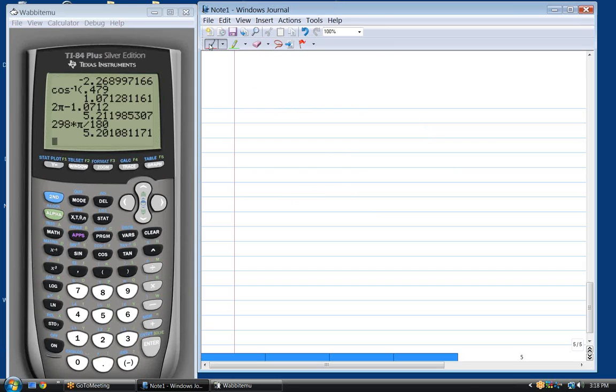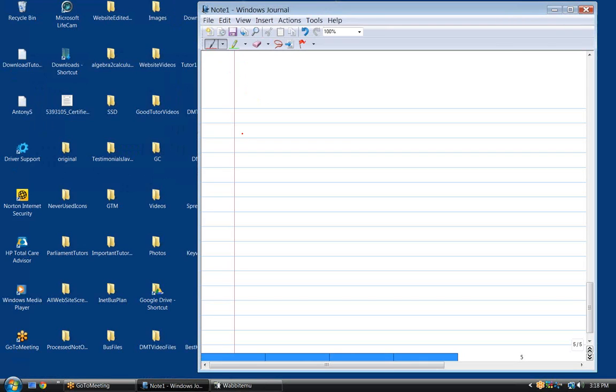All right, the next one is: find the exact value of x without using a calculator, and it's sine of x equals 0.5, where pi over 2 is less than or equal to x, and x is less than or equal to pi. Which quadrant does that place it in?